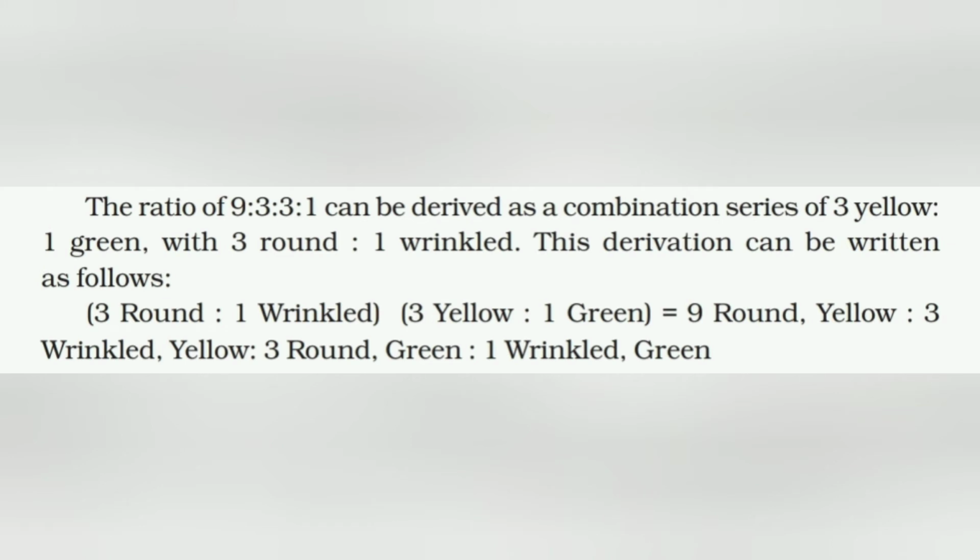The ratio of 9:3:3:1 can be derived as a combination of series of 3 yellow, 1 green with 3 round, 1 wrinkled. Their derivation can be written as 3 round, 1 wrinkled, times 3 yellow, 1 green, is equal to 9 round yellow, 3 wrinkled yellow, 3 round green, 1 wrinkled green.